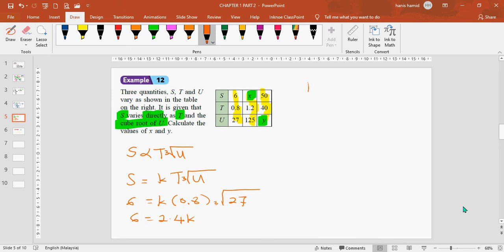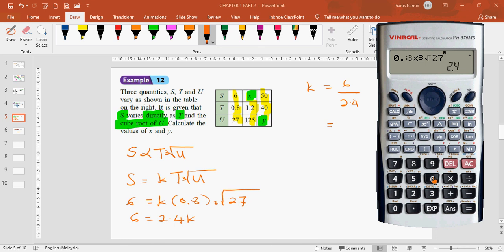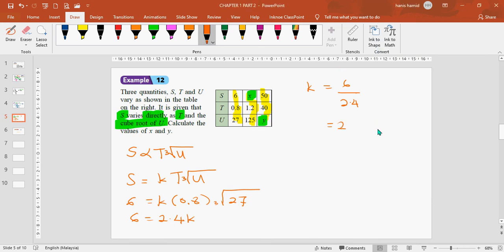That means K is equals to 6 divided by 2.4, which equals 2.5. So this is the first, second and third step. Now the fourth step, we write it in the form of equation: S equals 2.5 T cube root U.